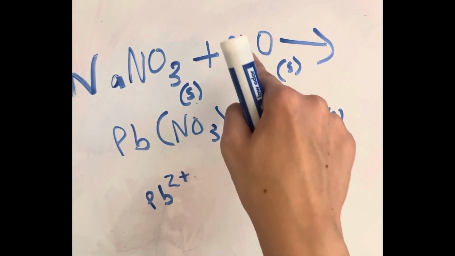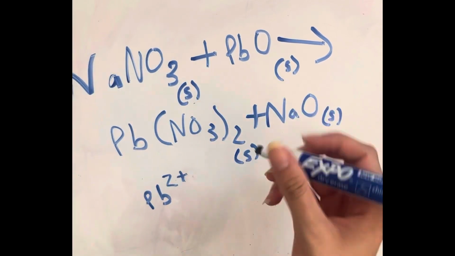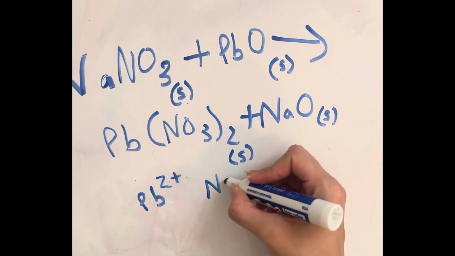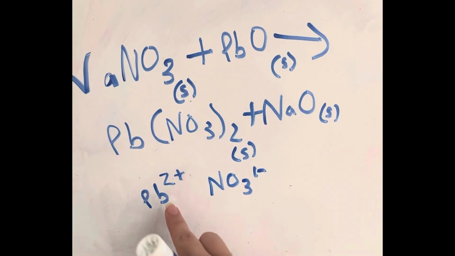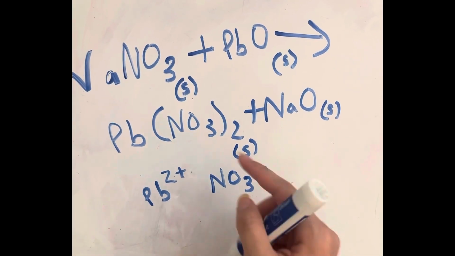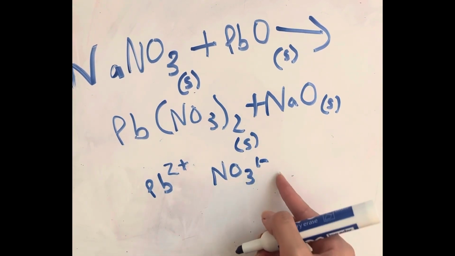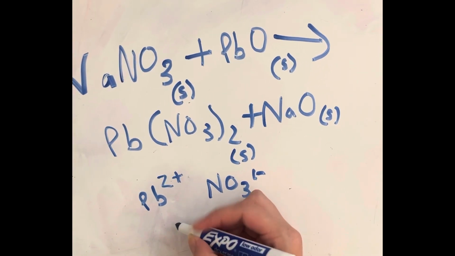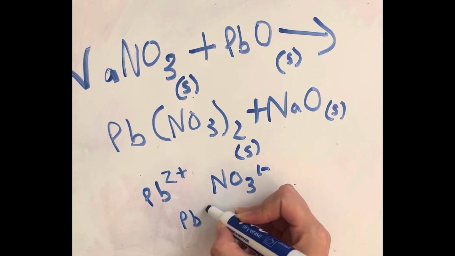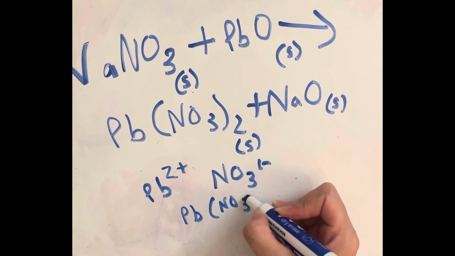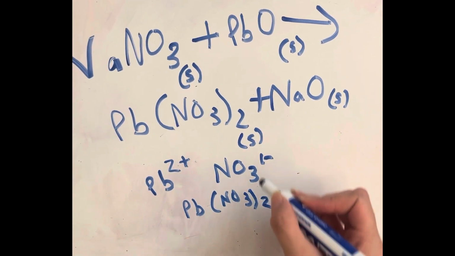While nitrate, because that's what it's going to combine with, NO3 has a 1- charge. So these two are going to switch, but obviously this 1- is just going to be a 1, and we're not going to even write that down because it's just inferred. So we don't have to write down the 1, but it's going to be Pb NO3, remember, 2.